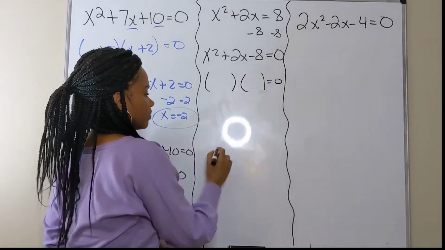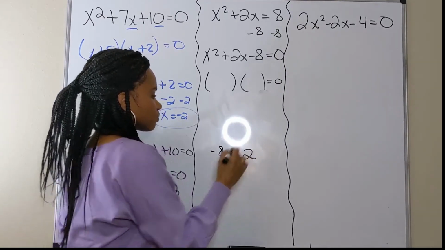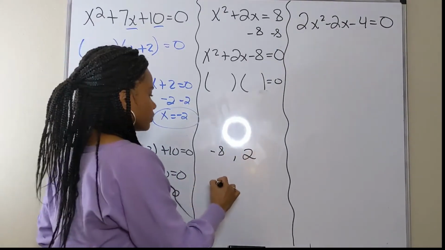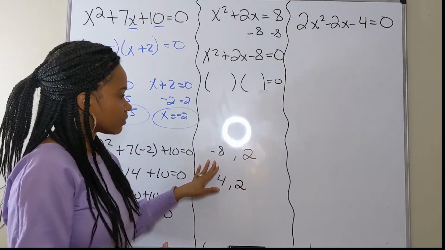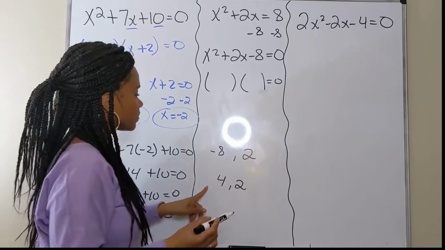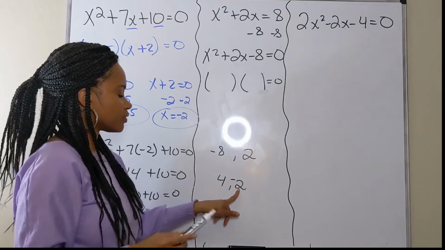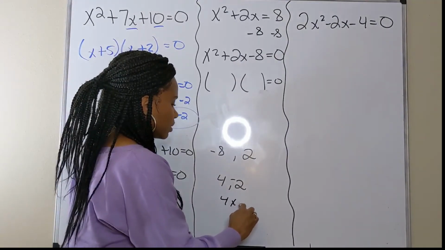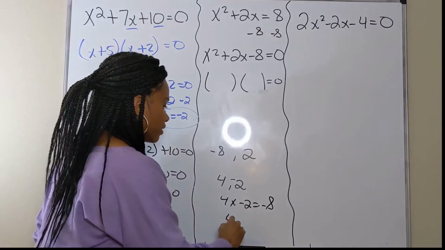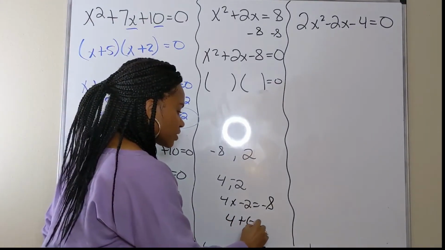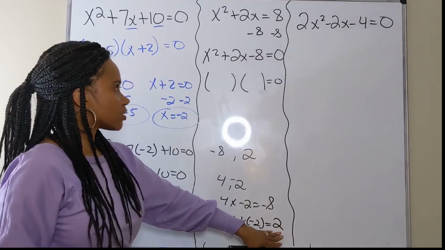Factors of negative 8 that have a sum of 2. So 4 and 2. I know one of them has to be negative, so that should be a negative 2, because 4 times negative 2 does in fact give me negative 8. When I add, 4 plus negative 2, which is the same as 4 minus 2, that gives me positive 2, which is what I want.